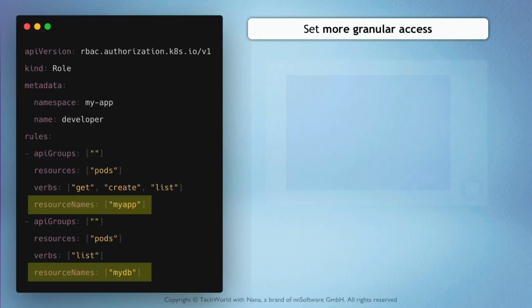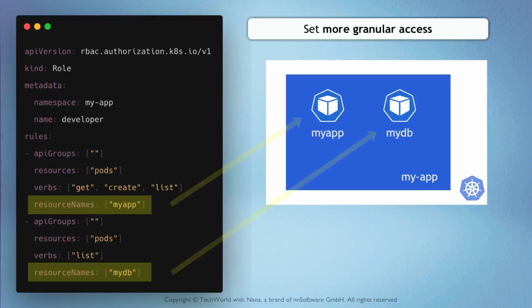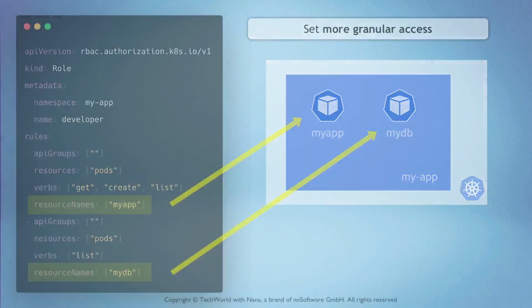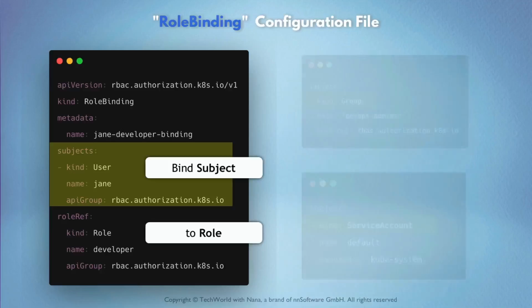For example, if in the same namespace you have your own application and maybe a database, and you want to basically define separate roles in the same namespace, but for your own application and for database separately as different roles, you can target these specific pods or applications using the resource name attribute, and then define different privileges on those resources.